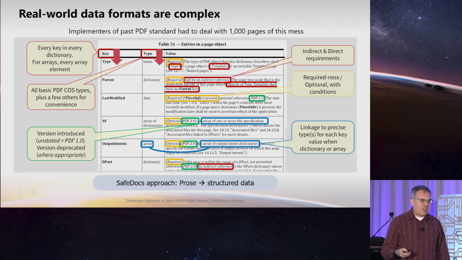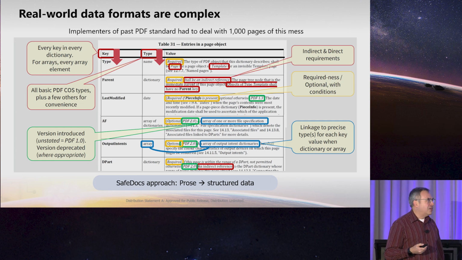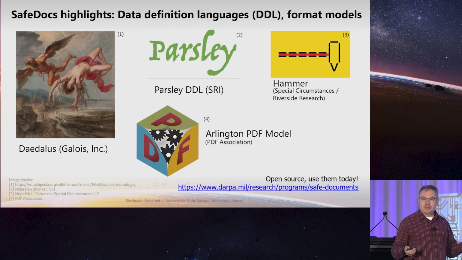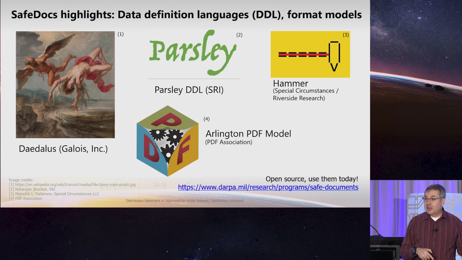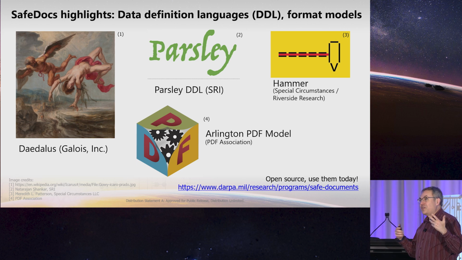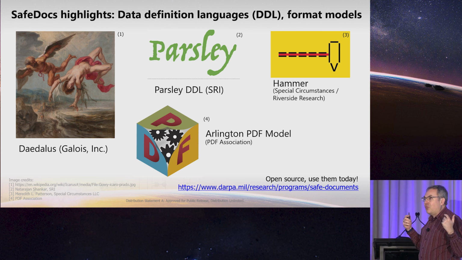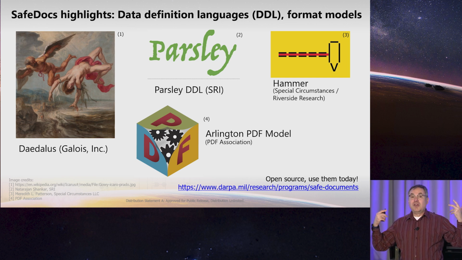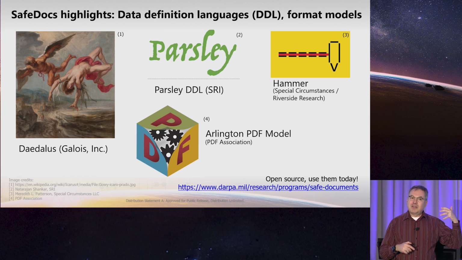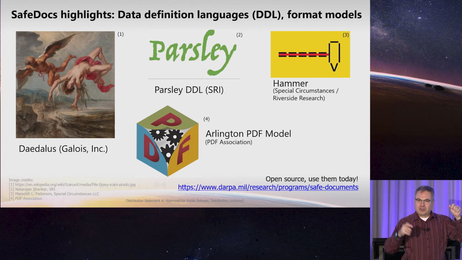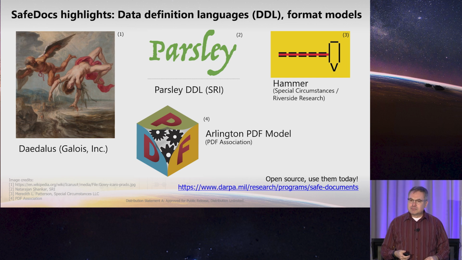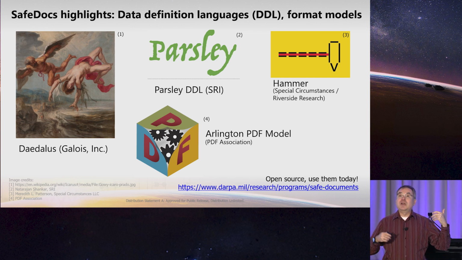And so what the SafeDocs performers did was they built a wide variety of tools. I showed you Hammer earlier. If I had more time, I would show you all these other different parsing tools and all the ways that they let you express complicated relationships that are not just traditional recursive descent grammars, and they help you get it right.